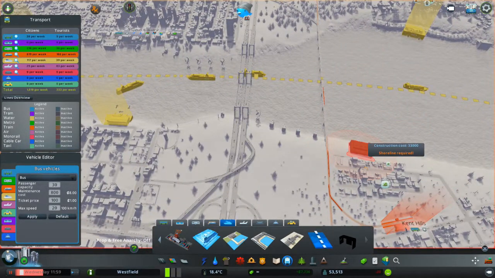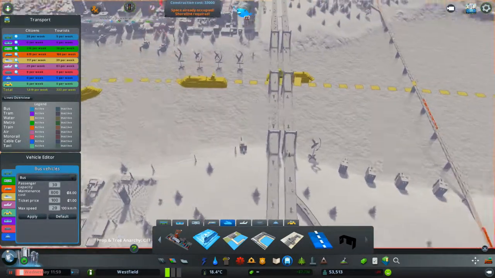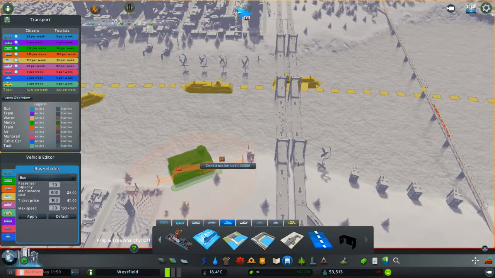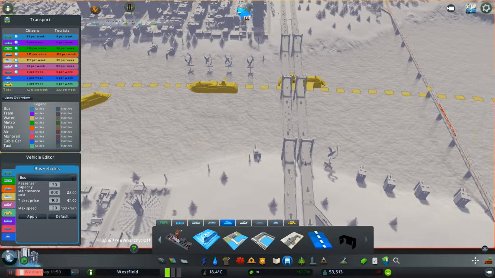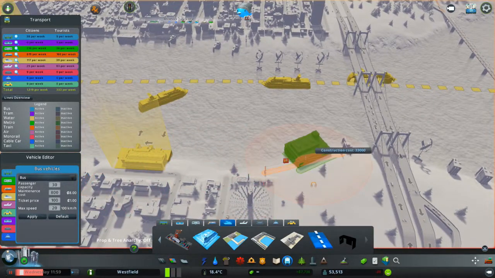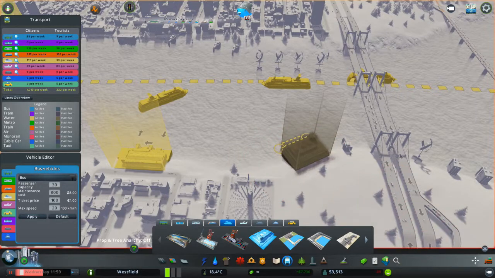I think I'll put it to, let's have a look. I'm not too far away from anything. It's quite close to the solar array there, but I think if I get it about right, I can get the road to come round. Yeah, we'll put it there.